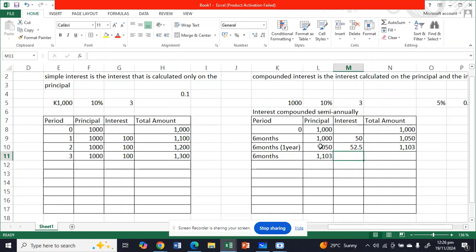That's why you see the amounts here are increasing for the principal, because the interest is accumulating. So we're going to get 5% of 1103. We get an interest of 55 kwacha, 15 ngwee. So in total, after 1 year, 6 months, in our account, we have 1,158.